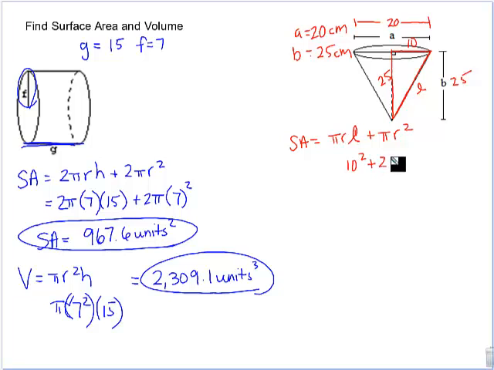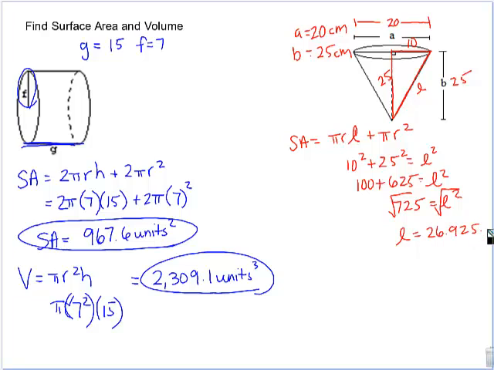So 10 squared plus 25 squared is our slant height squared. So 10 squared is 100. 25 squared is 625. So when we take 100 plus 625, we have 725. And then when we take the square root of it, we get a slant height of 26.925, and so on.